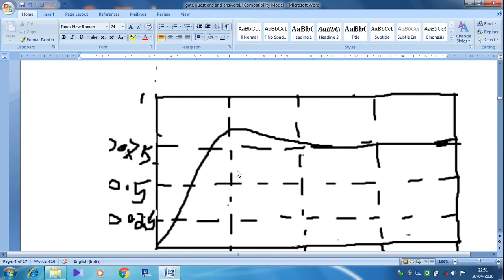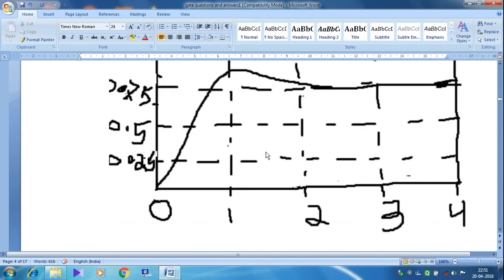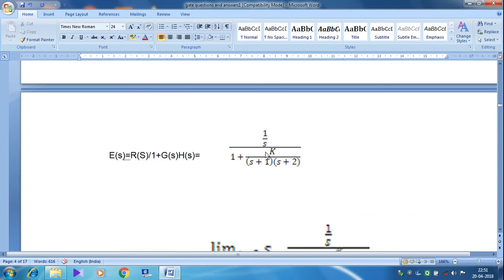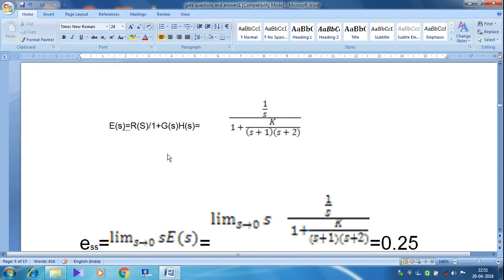So now we can find out very easily the value of K. We have to find the steady state error using that open loop transfer function and put the steady state error as 0.25. So let us see the solution. The steady state error is 1 minus 0.75, which is 0.25.